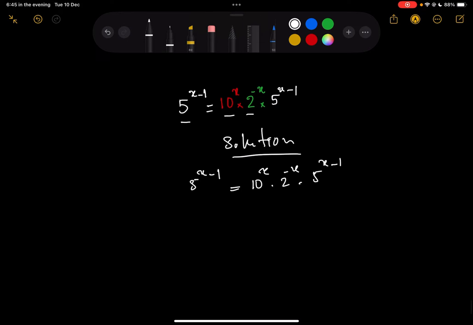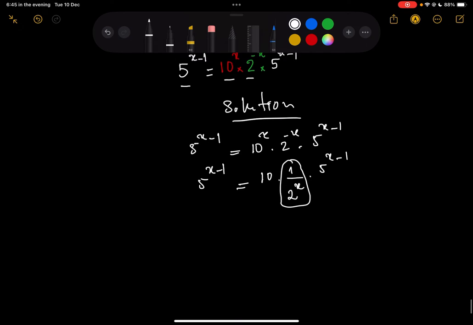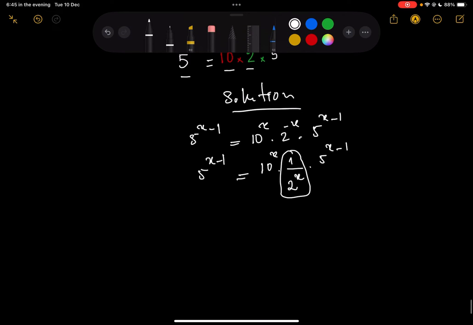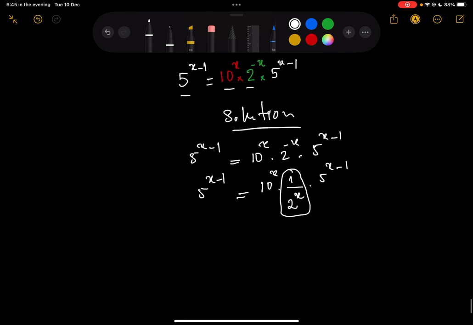Now we can rewrite it as 5^(x-1) equals 10 times (1/2)^x times 5^(x-1). This is the property of the exponential equation, right? And now we can rewrite it.